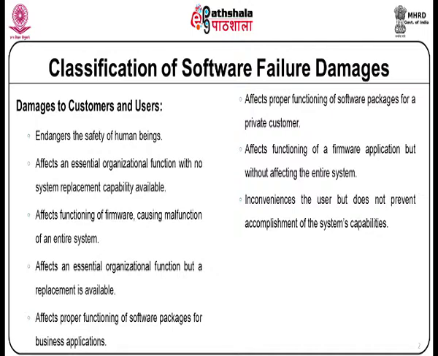The points we will be discussing are: endangers the safety of human beings, affects an essential organizational function with no system replacement capability available, affects functioning of firmware causing malfunction of an entire system, affects the essential organizational function but a replacement is available, affects proper functioning of software packages for business applications, affects proper functioning of software packages for a private customer, affects functioning of a firmware application but without affecting the entire system, inconvenience to the user but does not prevent accomplishment of the system's capabilities.